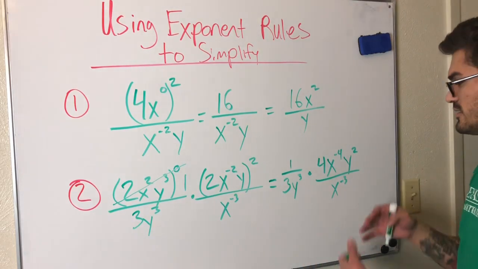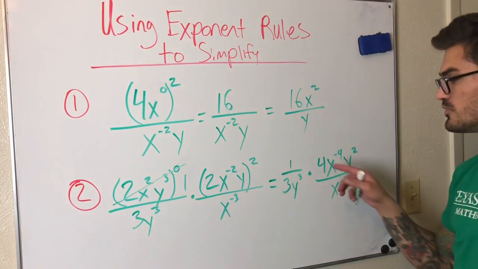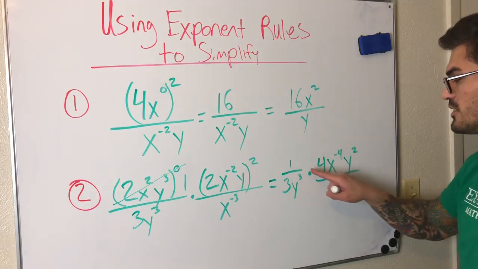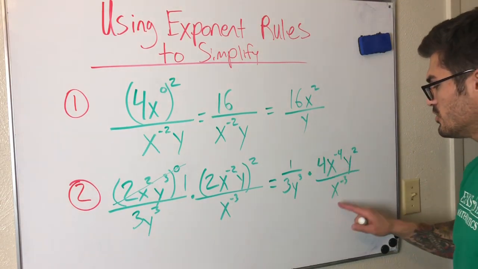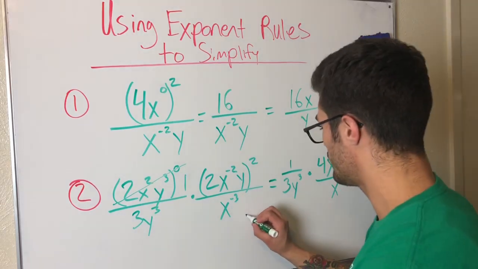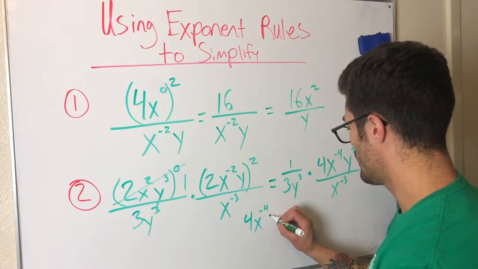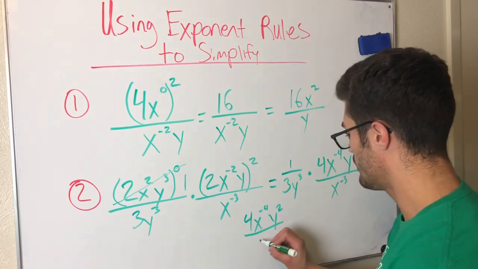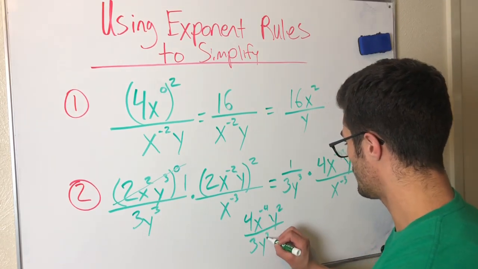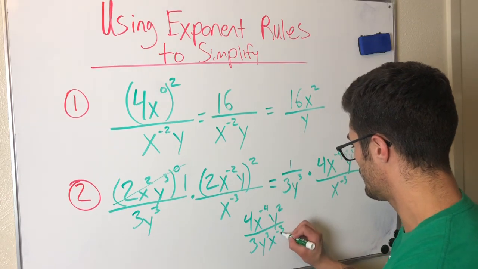And now I'm going to combine these because I'm multiplying 2 fractions. I can just multiply across. 1 times this, 3y cubed times this. So I'm left with 4x to the negative 4th y squared over 3y cubed x to the negative 3rd.